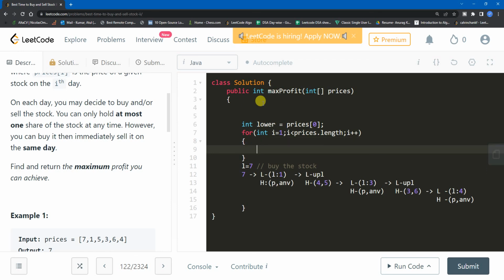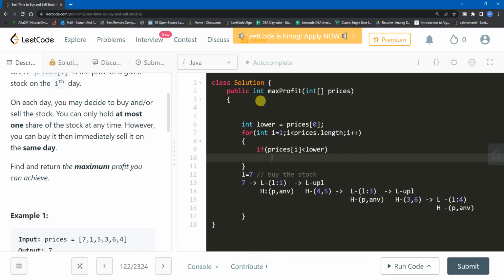Right now we have to check whether the next value is lower or higher. If the next value, that means prices of i, is lower than lower, we simply update.